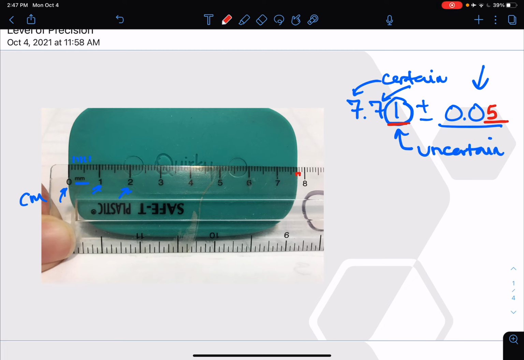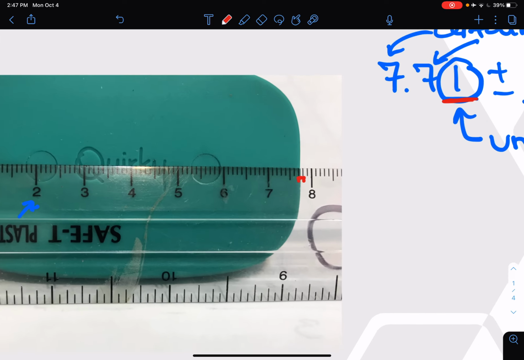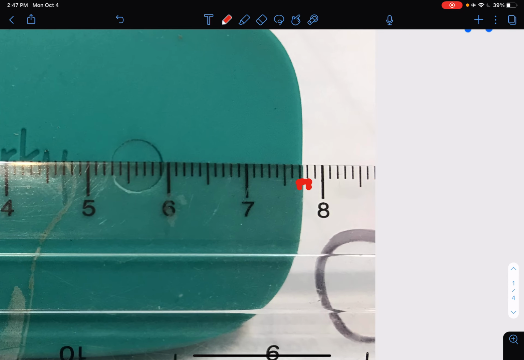Okay, so if you want to be on the safe side, you're just going to take your smallest divisions, which for centimeters are 0.1, 0.2, 0.3, 0.4, on and on like that, and cut it in half. So again, the distance between here and here is 0.1, and half of that would be 0.05.